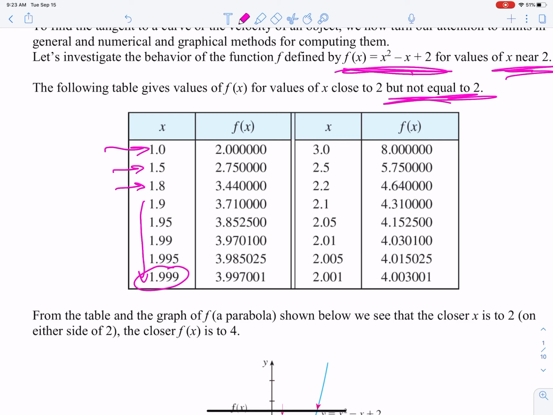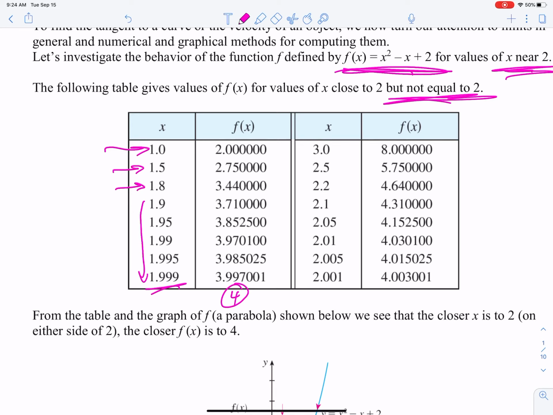As we put more 9s in this decimal place after the 1, we can see the value that the function is getting closer and closer to. We can clearly see we're getting close to a 4, right? 3.997. We can imagine as we put more 9s into this x after the decimal, we're going to get infinitely close to f of x equals 4.